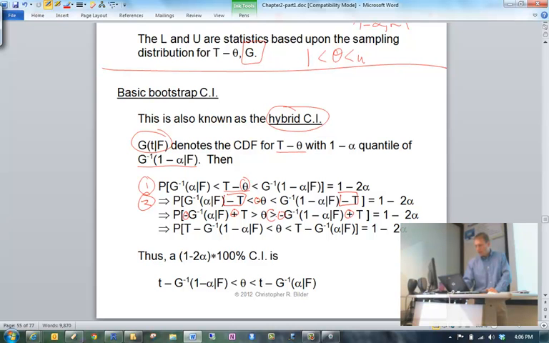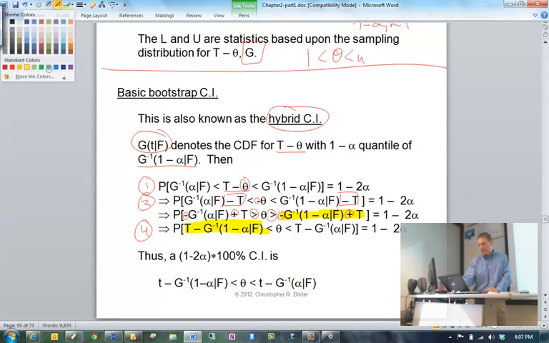But also, of course, it changes the direction of the inequality. And then lastly, step 4 here, we just put stuff in the correct order that we would expect, so that the lower bound is on the left-hand side, and then the upper bound is on the right-hand side.